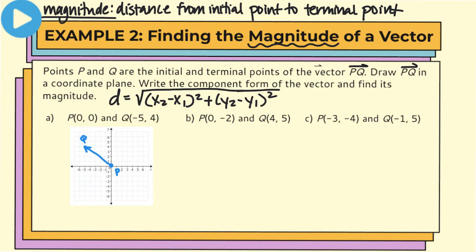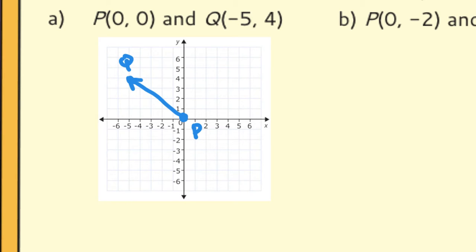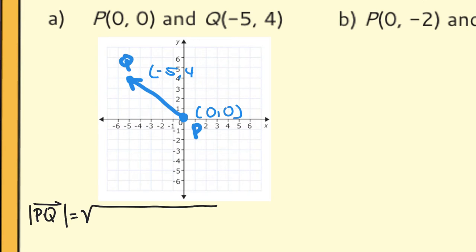So I'm going to zoom in a little bit here. And I am using that distance formula that I talked about earlier, but I'm going to name this by its vector name. So the distance from P to Q as a vector equals the square root of, and P, notice, was 0, 0, and Q was -5, 4.